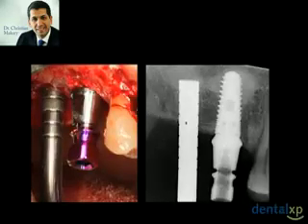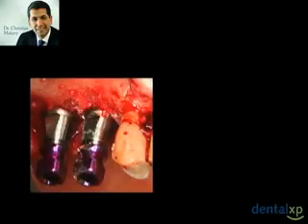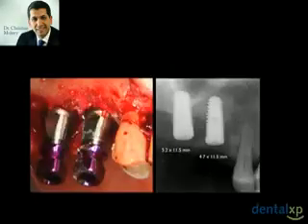And again, you see how this osteotome reached the floor of the sinus, and we can be assured by doing radiographs during the surgery that our grafting material is going into the sinus and is still protected by the membrane. And this is the placement of the two implants, and this is the radiograph. This was the original height of the sinus, and this is the new bone that was grafted during these procedures. So we went from 7 to 8 millimeters until we reached 11 and a half, a gain of about 3 to 4 millimeters of bone.